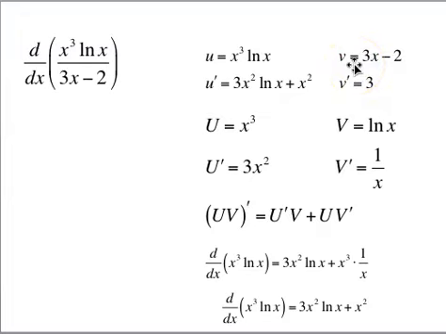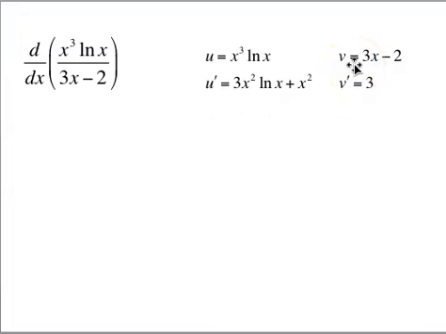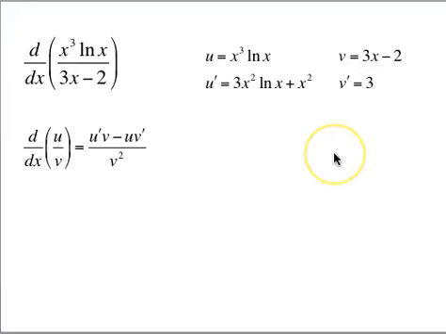And be careful with the algebra, it will get challenging. So here we go. There's our quotient rule. U prime v minus uv prime over v squared. U prime v, this whole thing, 3x squared log x plus x squared multiplied by 3x minus 2, minus uv prime, x cubed log x times 3, all over v squared, all over 3x minus 2 quantity squared.